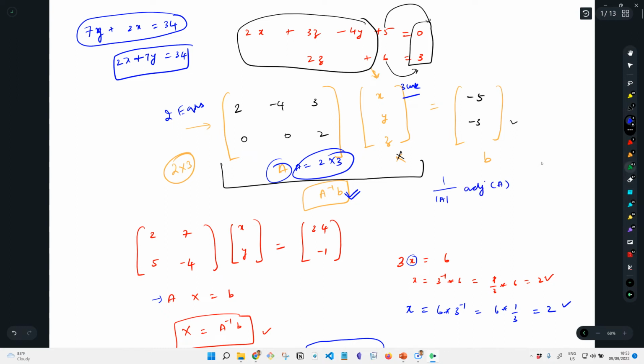Right? Is determinant defined for non-square matrices? That is the question. Can somebody tell me how to find the determinant of a 2 cross 3 matrix?